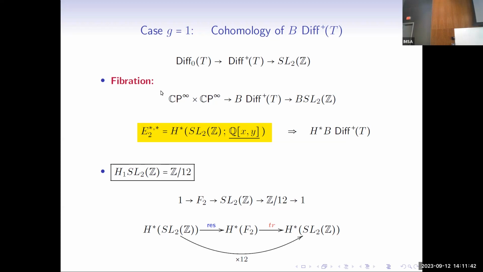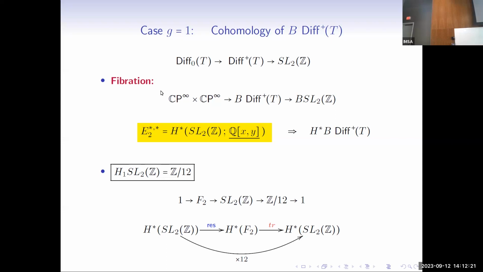In this case, it's SL2Z, right? And then it has two classifying spaces that produce a fibration for us, right? And the corresponding spectral sequence has a simple E2 term, the cohomology of SL2Z with coefficients in the cohomology of CP infinity times CP infinity. This is cohomology with twisted coefficients, and that converges to the cohomology of the classifying space of the diffeomorphisms of the torus.